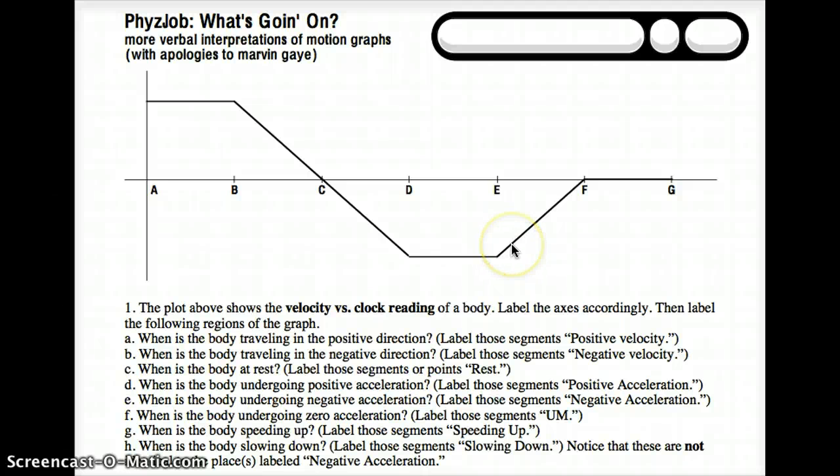And if you remember, this also implies it's a negative acceleration. So since this is in the negative direction and the acceleration is also negative, it implies that it's speeding up in the negative direction. Hope that makes sense.